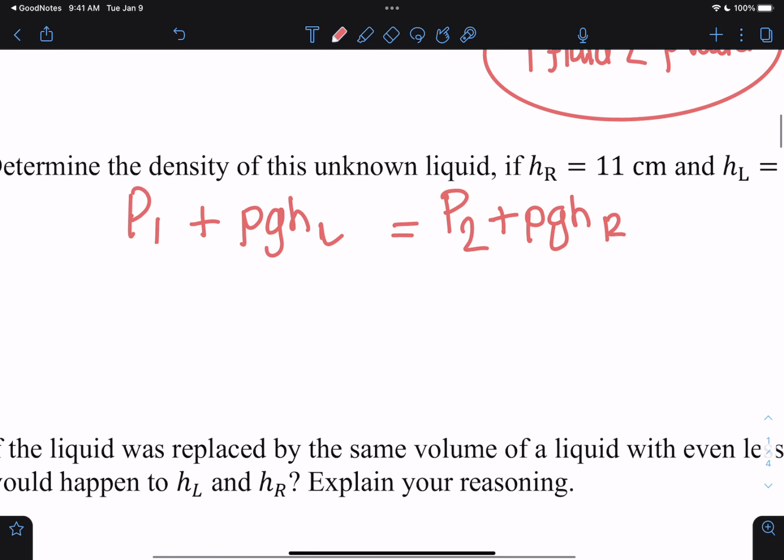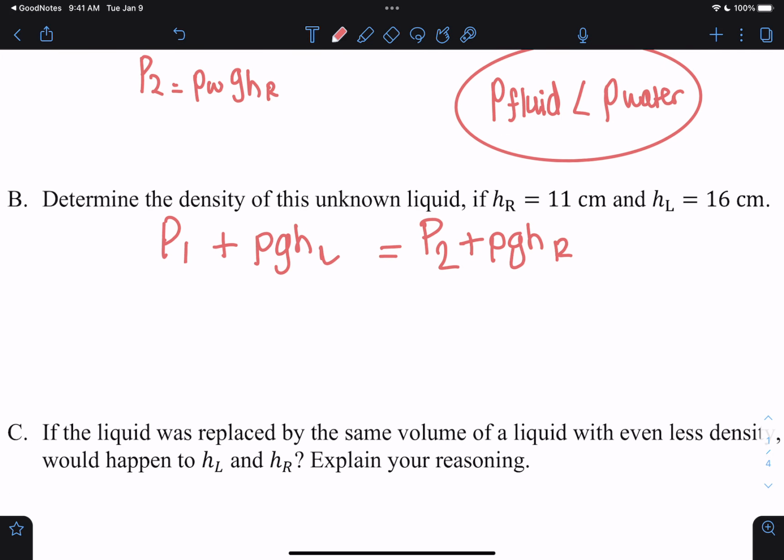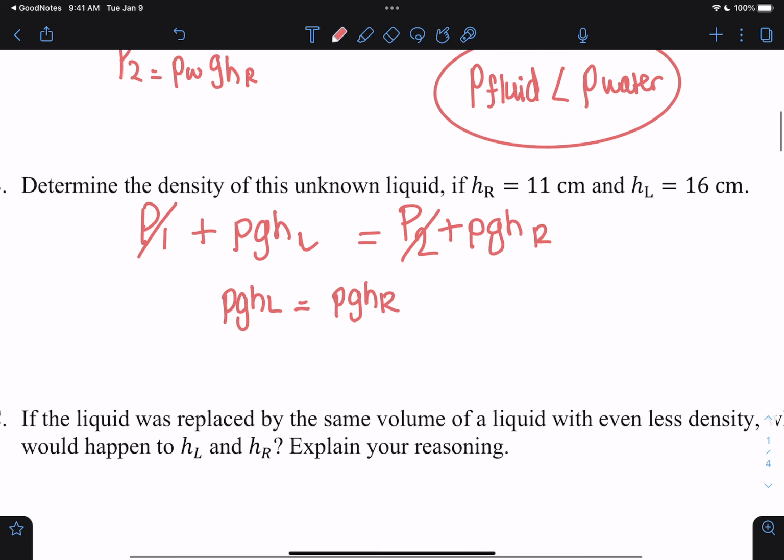For this equation, we know that P1 should be equal to P2, so they cancel each other out. Then you're just left with rho g HL equals rho g HR. We know that the density on the right is the density of the water, which is a constant 1,000 kilograms per meter cubed.